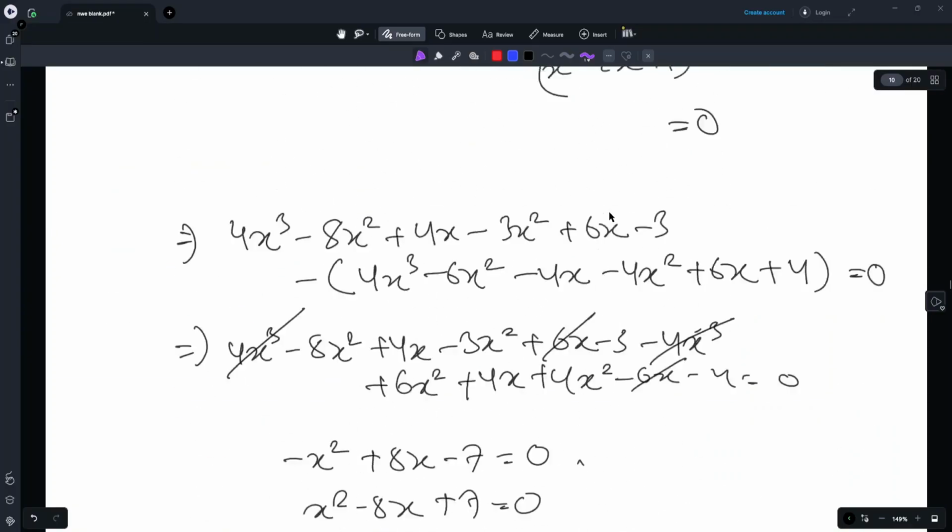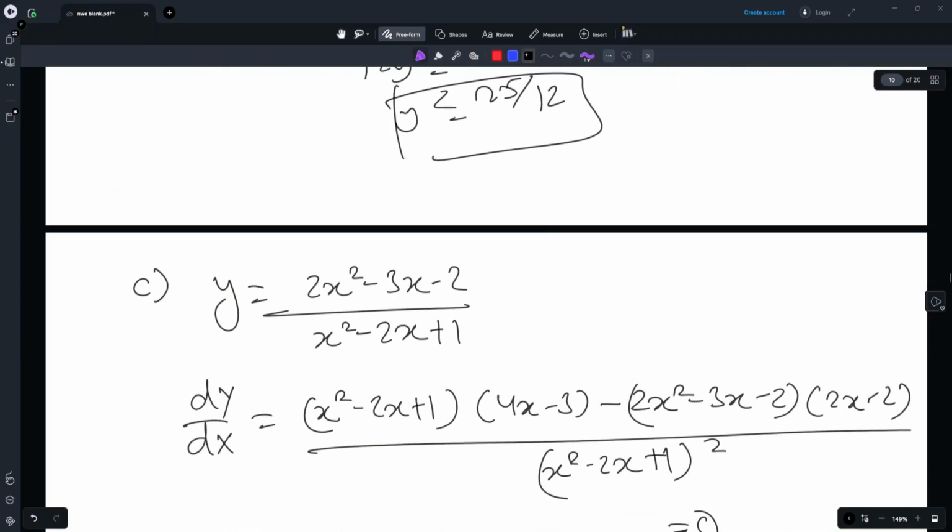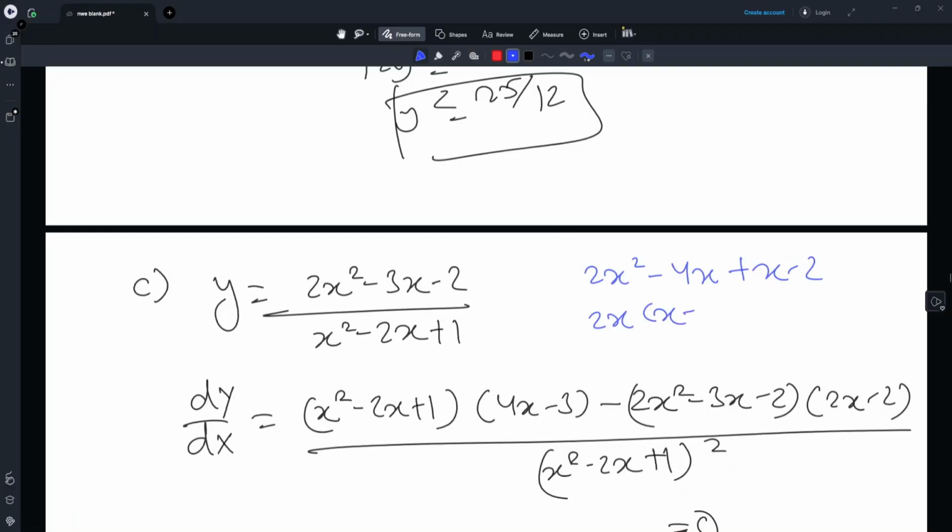Coordinate axis intersection. If we put y equal to 0, then we get 2x square minus 4x plus x minus 2 actually, which is 2x(x minus 2) plus 1(x minus 2), so (x minus 2)(2x plus 1).